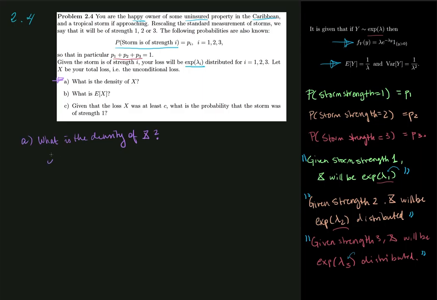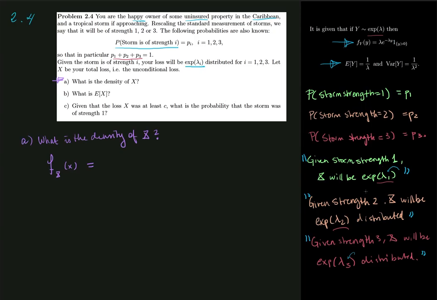So the density of X, we denote that by f_X of little x. Then I'll write equals to. Well, we know that depending on the storm strength, X will have different densities.